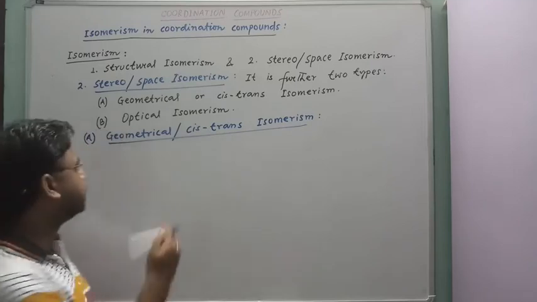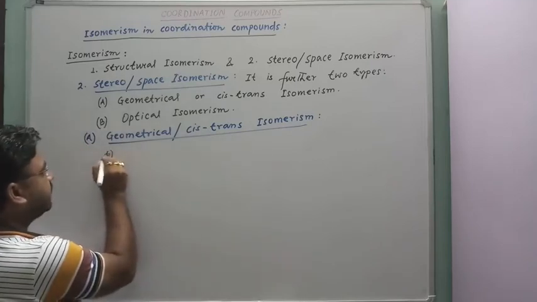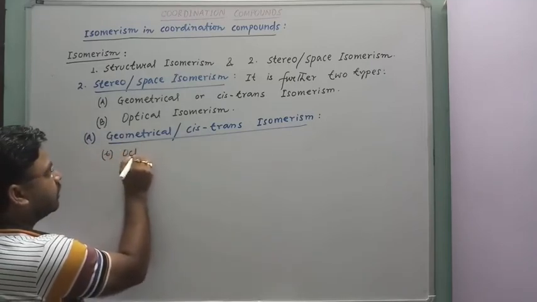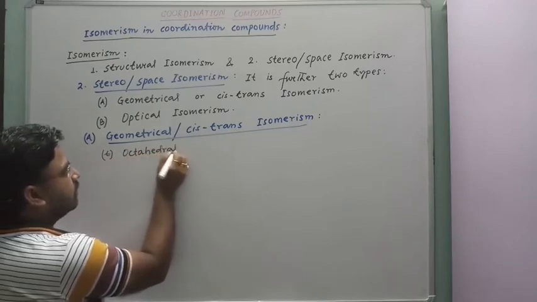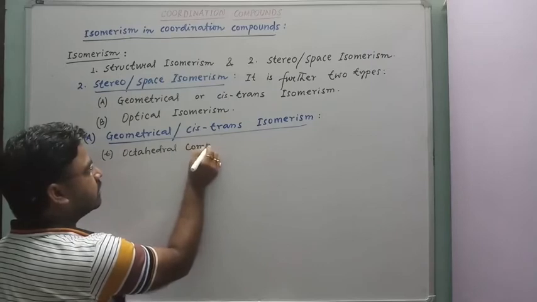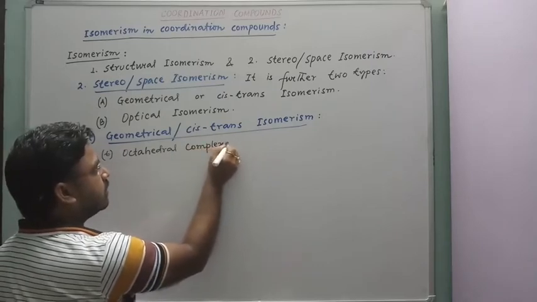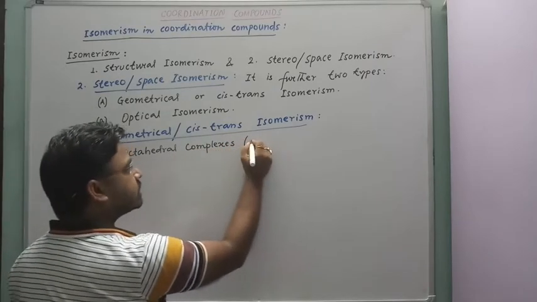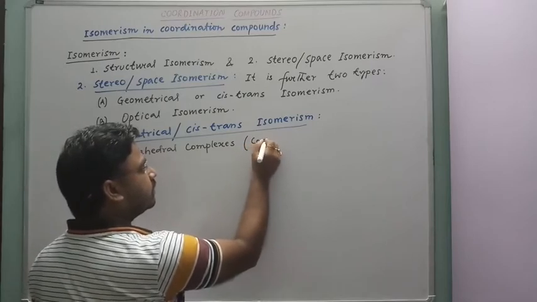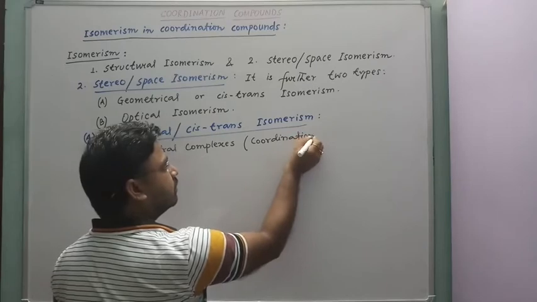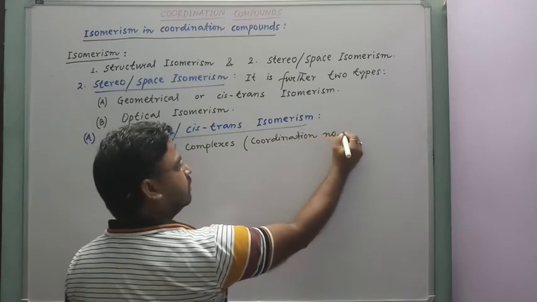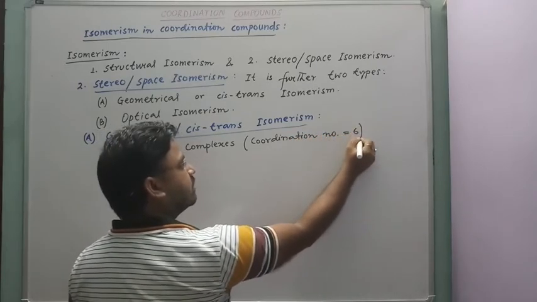Now octahedral complexes. So octahedral complex में coordination number कितना होता है? Coordination number 6.